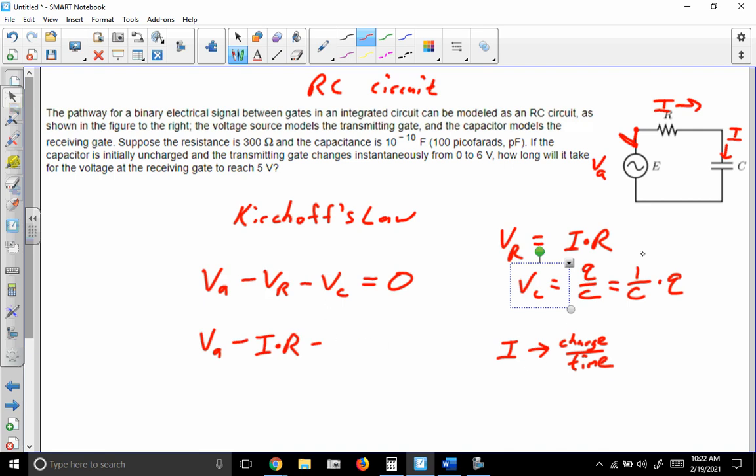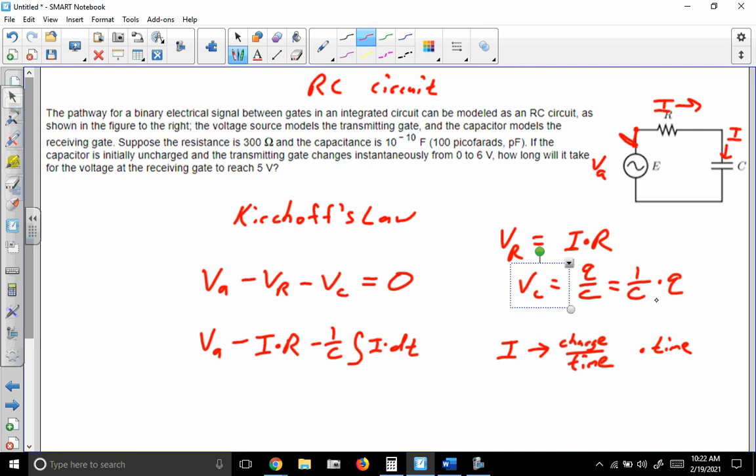The way we figure out what the charge is, we take 1 over C and we integrate the current over time. Notice, current times time, I times dt: if you multiply current times time, the times would cancel and you'd be left with charge.